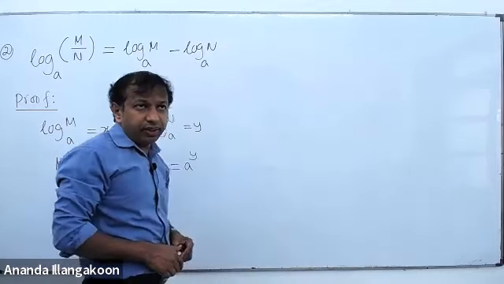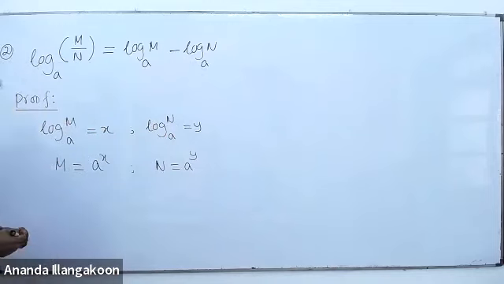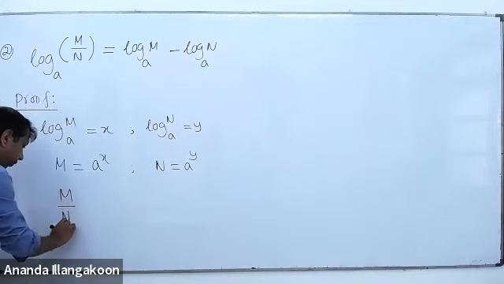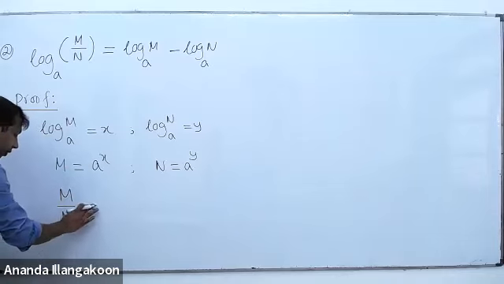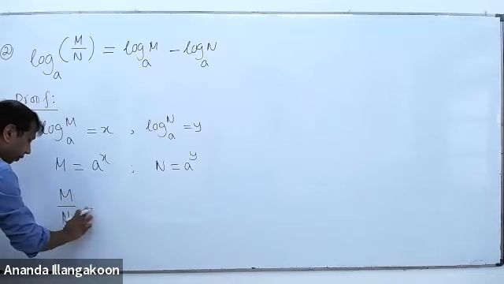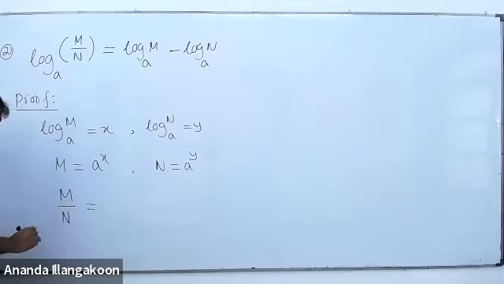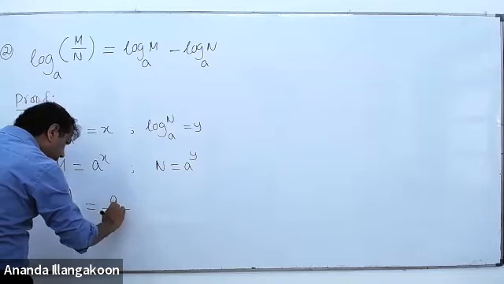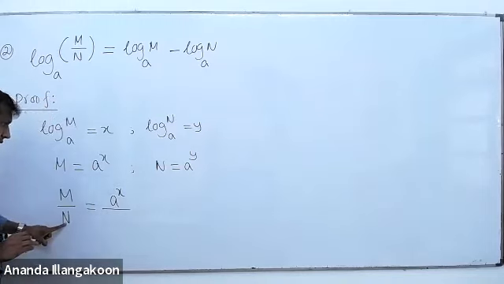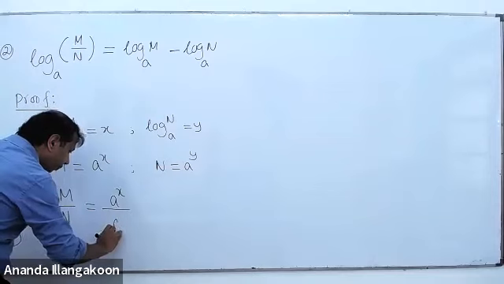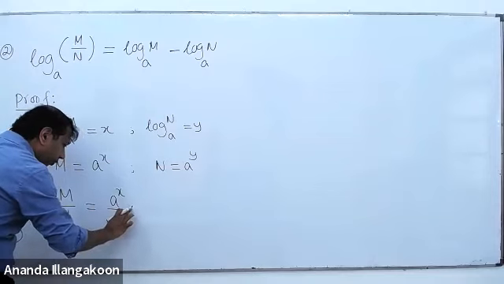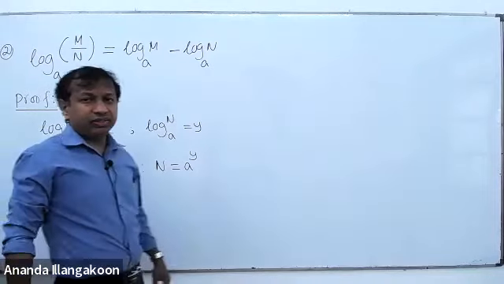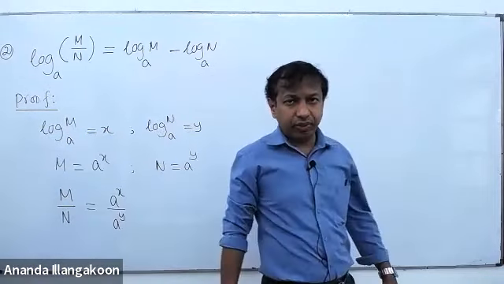People, the next line is, I divide this m by n. This m we divide by n. Substitute for m, a to the power x. Substitute for n, a to the power y. Correct, no? I think up to here you could understand well.